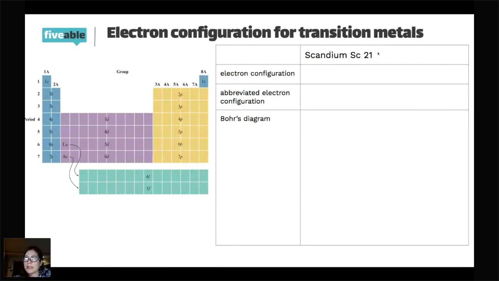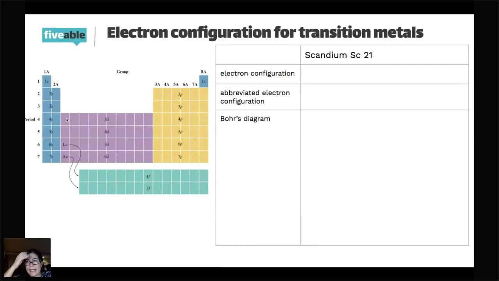What does that 21 mean? It's the number of protons, and since we're talking about a neutral atom, the number of electrons should be the same. So we're going to do the electron configuration for 21 electrons. Let's remember the location of scandium, right here, the first transition element.